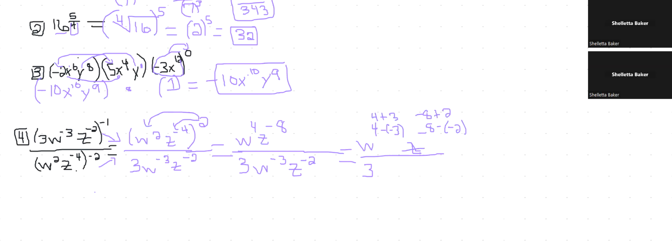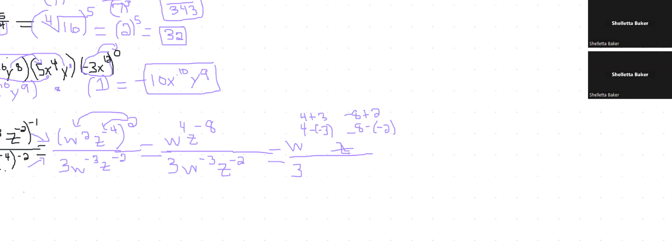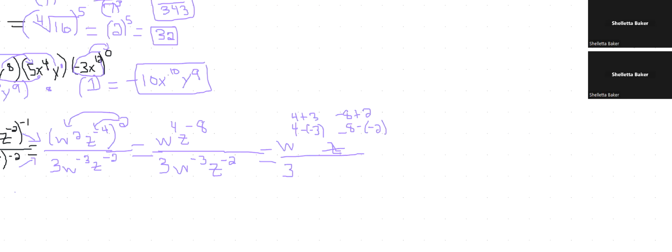All right, let's move it over a little bit. And we'll have W to the power of 7, that's 4 plus 3, in the numerator.